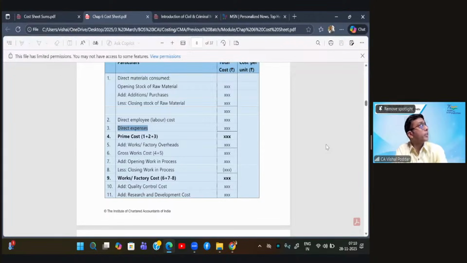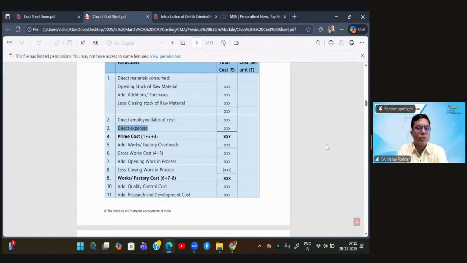Now, why is it a direct expense? Because it is the expense incurred for the production of the product. Without this expense, your product cannot be produced because it is a branded product or it is covered under some trademark or copyright. So that is where this direct expense of royalty will come.